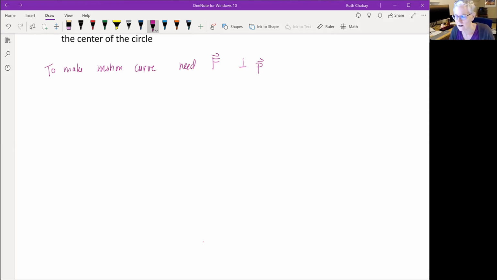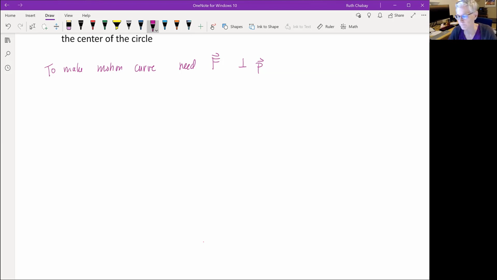Now, if the magnitude of the momentum is not changing, which was true in this case, the ball's speed was really not changing very much. It was only its direction changing. Then that could be F net. But more generally, both can change, as you saw in an elliptical orbit.